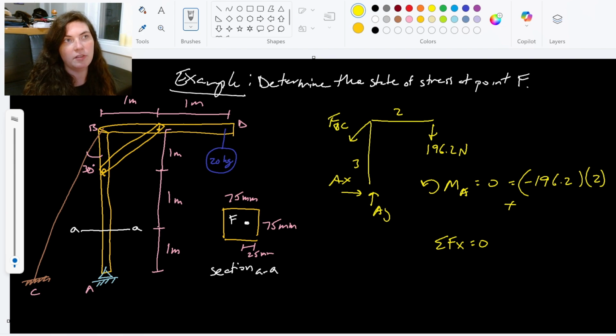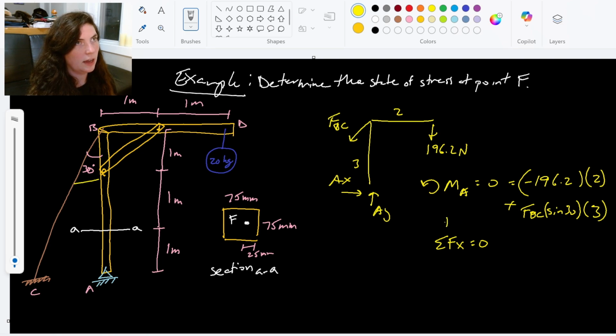The y component of FBC would be going through my line of action of point A. So only the x component for FBC, which is going to come from sine 30. FBC sine 30 times its distance away of 3 meters.